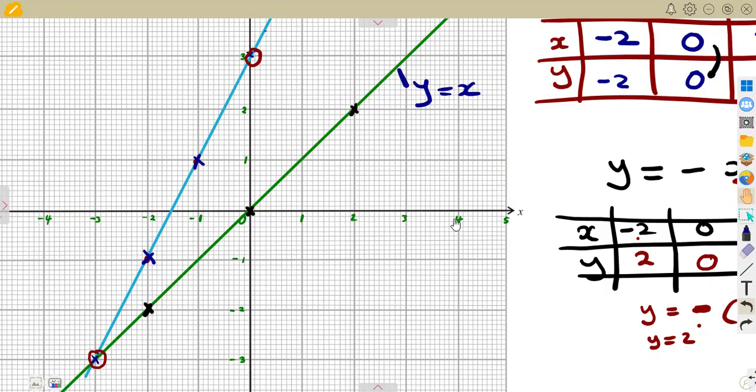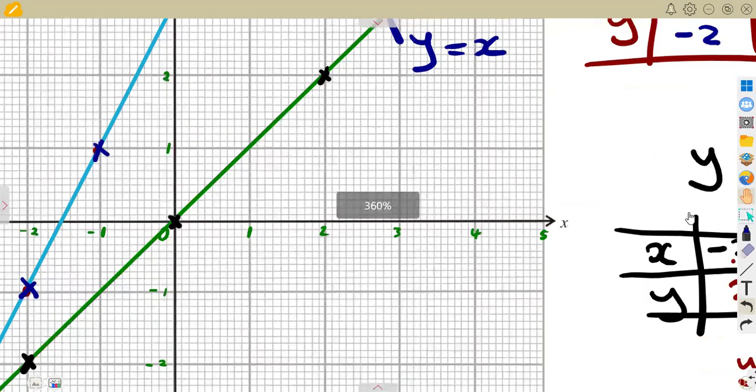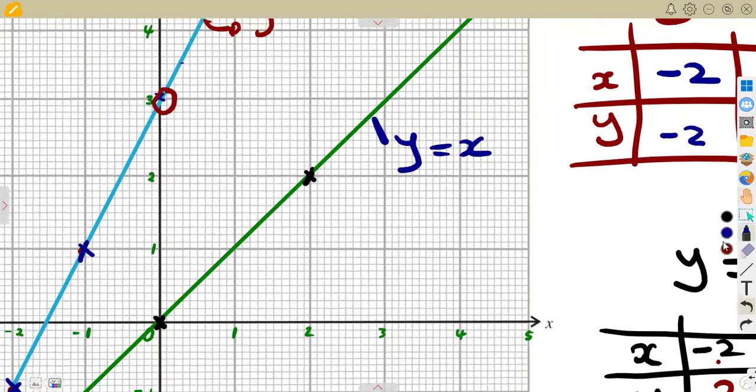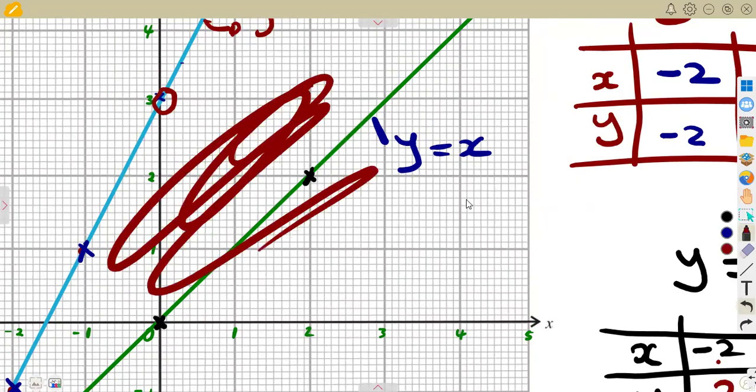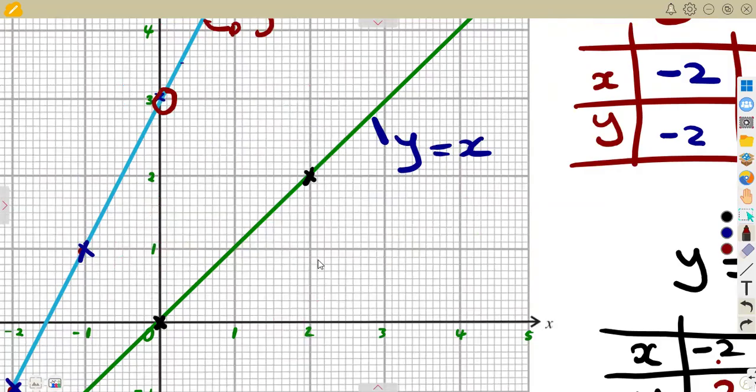Provided that the scale is the same throughout, this line that we've drawn is going to divide our graph into two equal parts in this vertical manner. If the scale is not the same, it will not divide into two equal parts.